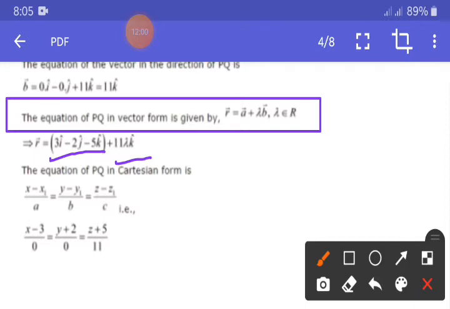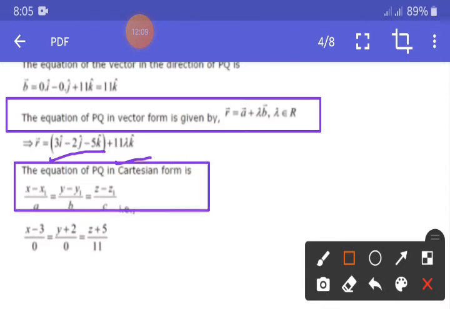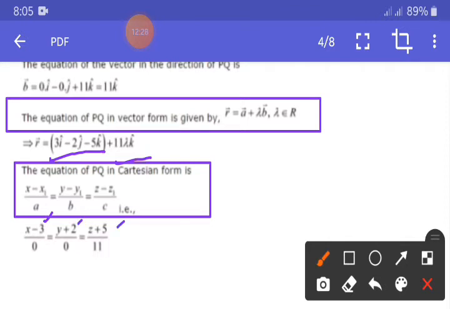The equation of PQ in Cartesian form is (x minus x1) by A equal to (y minus y1) by B equal to (z minus z1) by C. We have x1, y1, z1 as 3, minus 2, minus 5, and the direction ratios 0, 0 and 11.